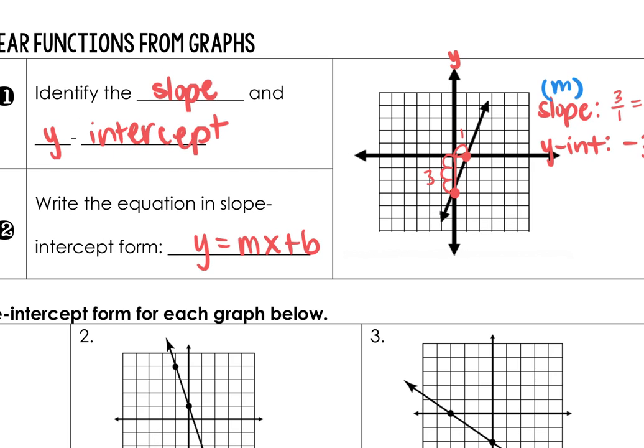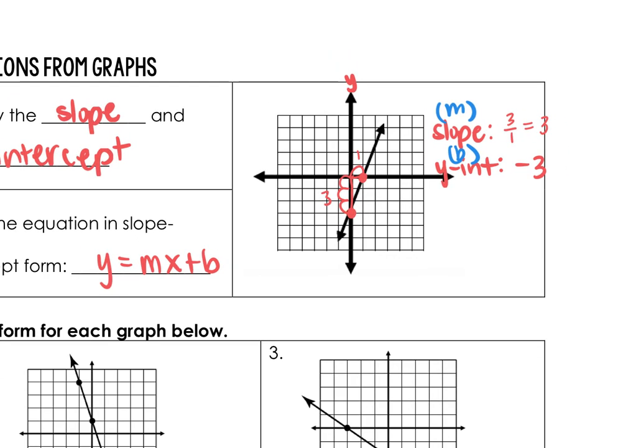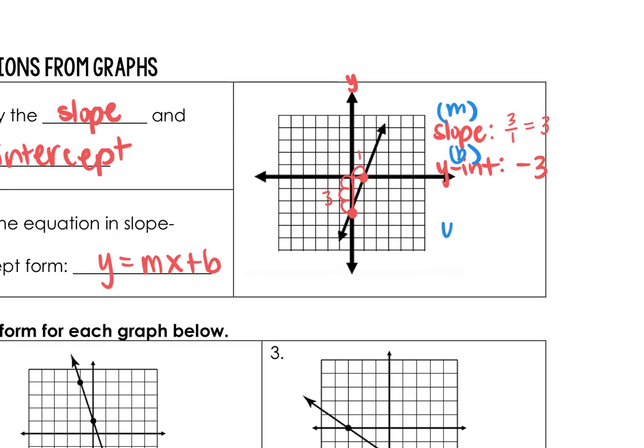And then this b value is the what? The y-intercept. So if my m is 3 and my b is -3, then the equation is y equals 3x minus 3. And just like that, you've written the equation for the line.